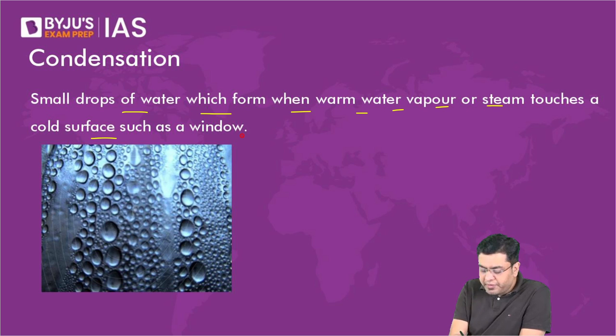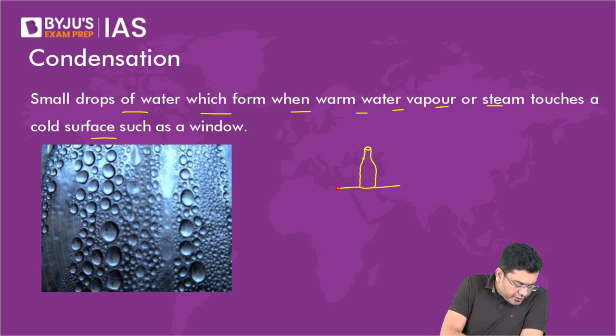You would have observed this, that when you take out a bottle from the refrigerator in these months, or any of the utensils, not only a bottle, and you keep it on the table, you will experience that on the bottle, small droplets of water accumulate on the outside surface.